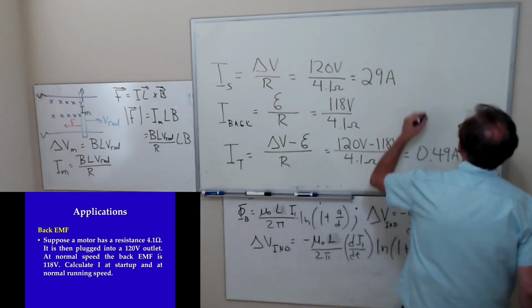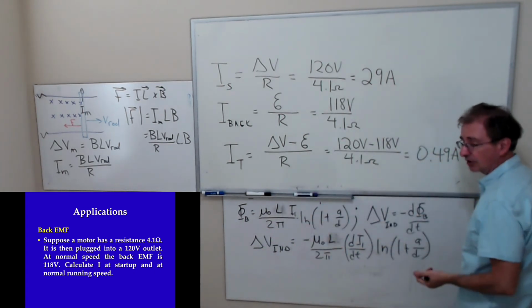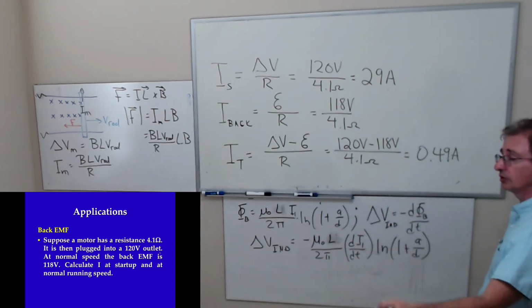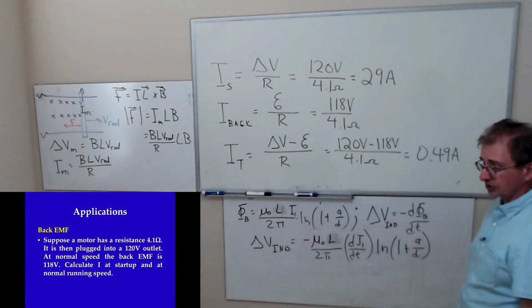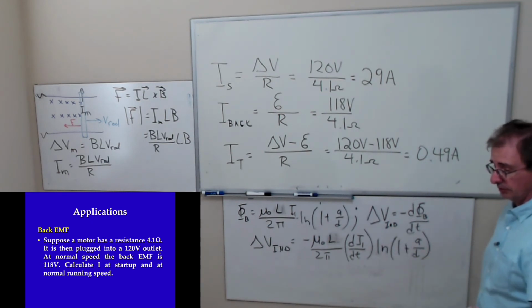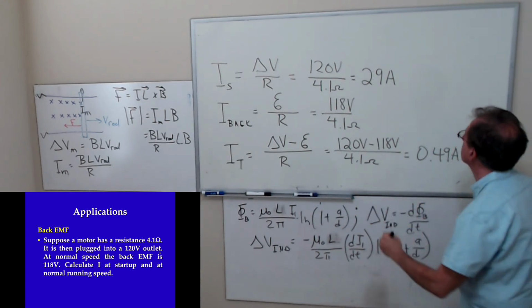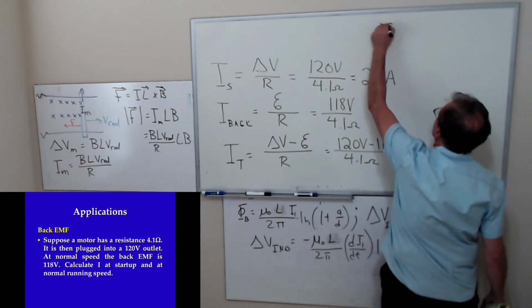I just want to remind you that when you have a generator and there's a load connected to the generator, that means there's a current running through it. That means you have a rotating loop of wire in a magnetic field, so there's going to be a torque on it.